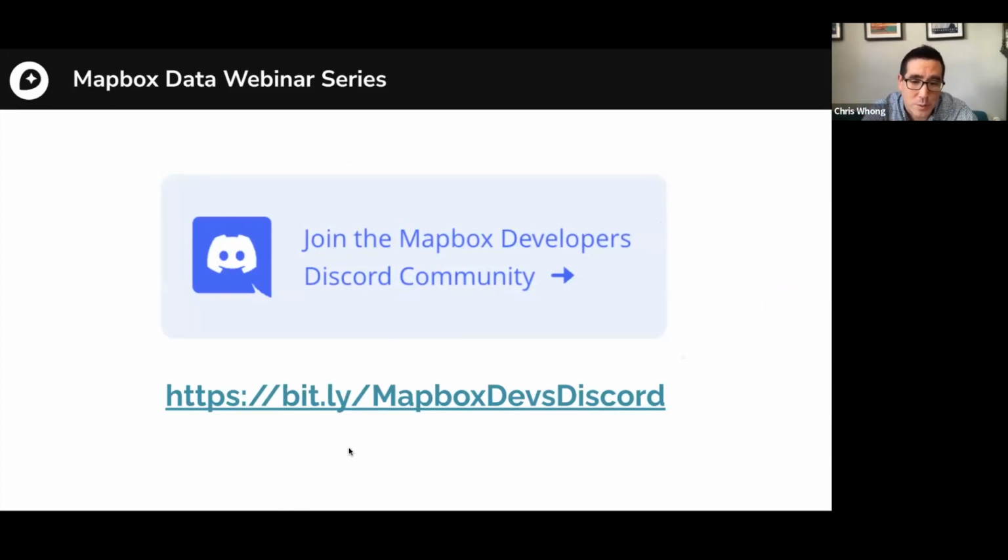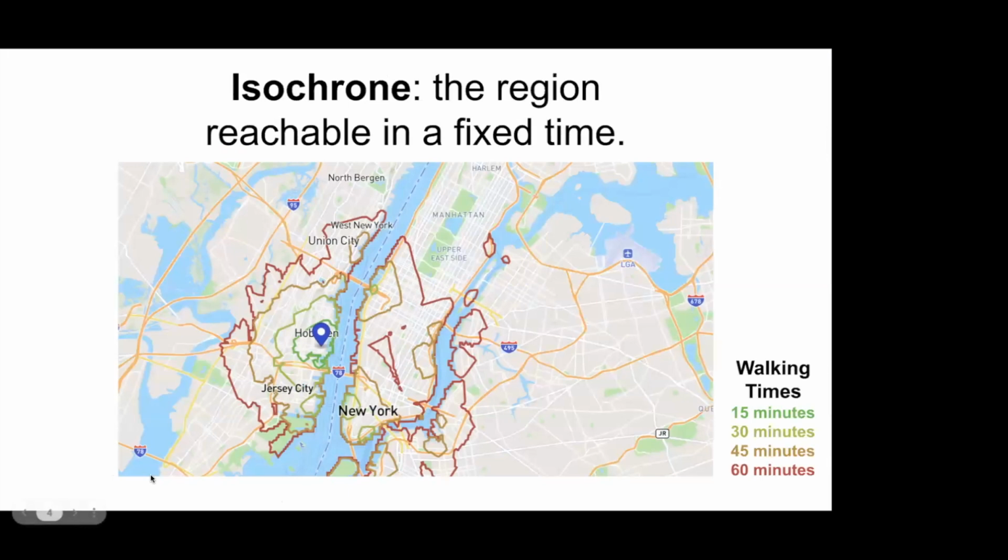And without further ado, I'll turn it over to Jamie Saxon, and let's learn about traffic data with isochrones. So before we start, let's quickly talk about what an isochrone is. An isochrone will tell you effectively the total area that you can reach in a given amount of time.